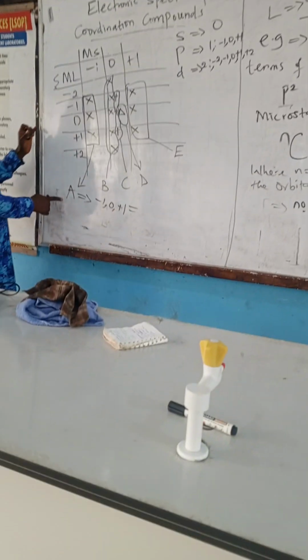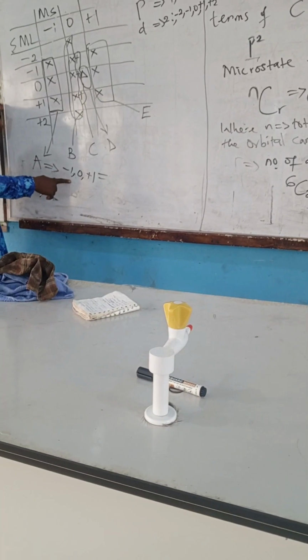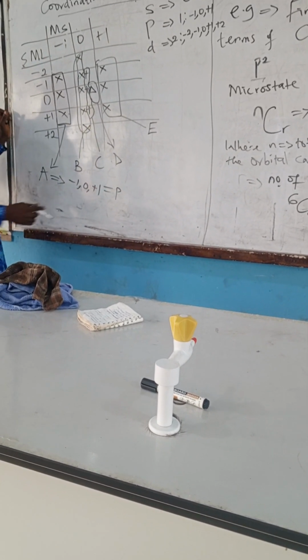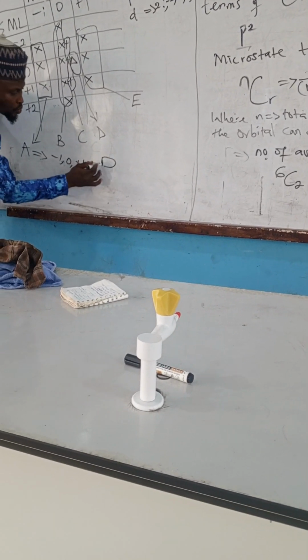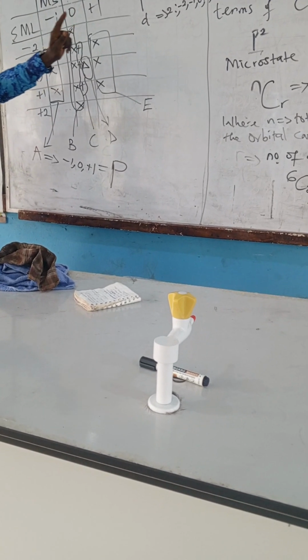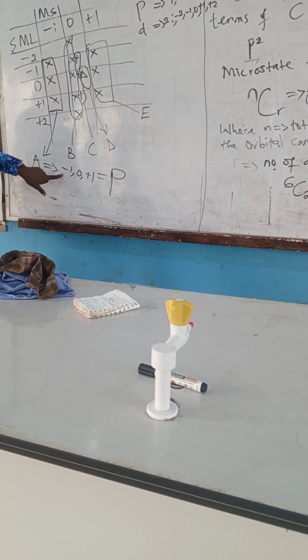So A is -1 to +1, which is a P orbital. This is where you extract your spectroscopic term, capital letter P, because this is the range.